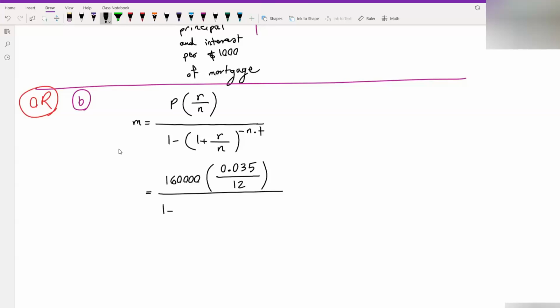Denominator: 1 minus 1 plus the rate again divided by N, which is 12 months, to the power of negative 12 times T. This loan is for 15 years, so that is our time.